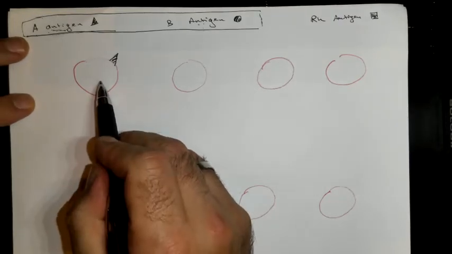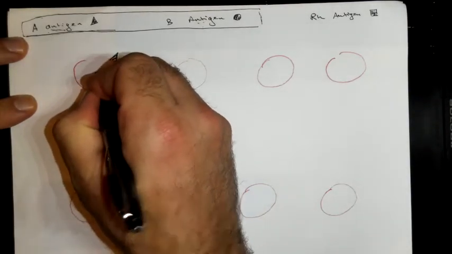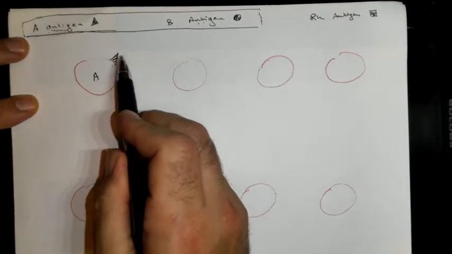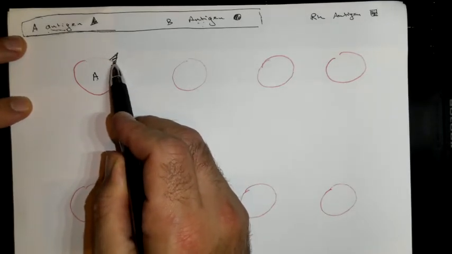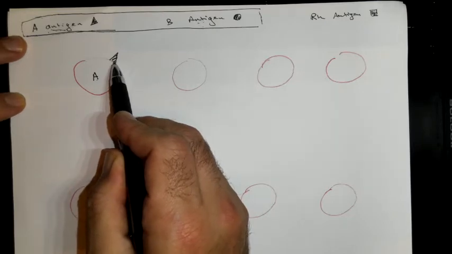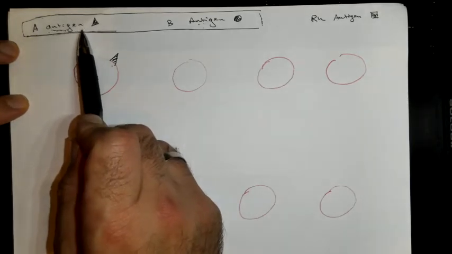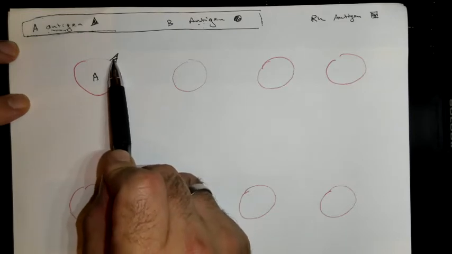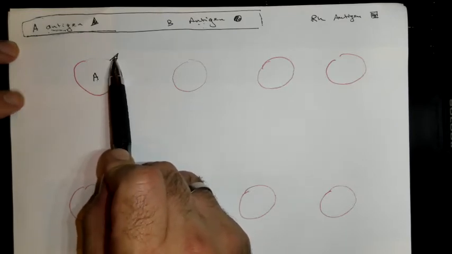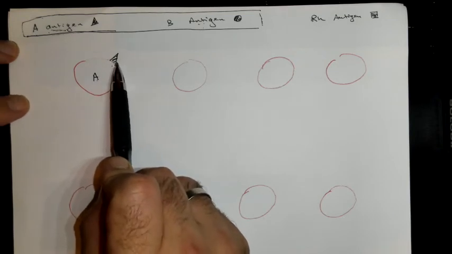If that's the case, what we say is this person is type A. They have type A blood because they are depicting this antigen on the surface of their cell. If you recall, antigens are originally thought to be on bacteria, so it's strange to call this an antigen because it is a human cell, but we're going to understand very shortly why we call these antigens.